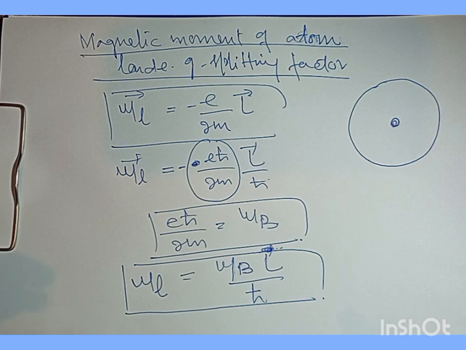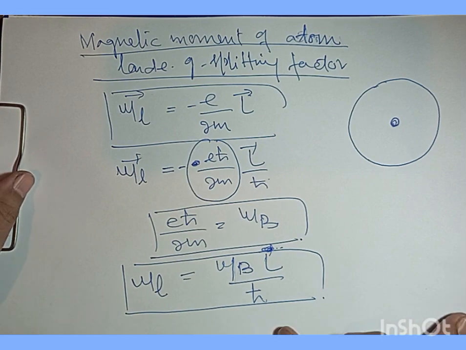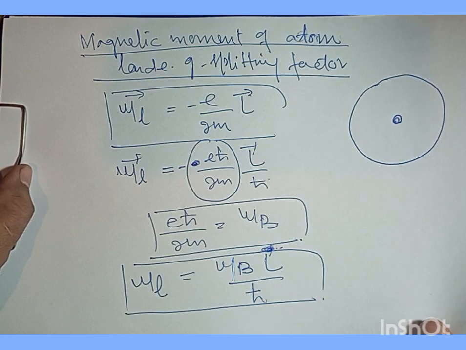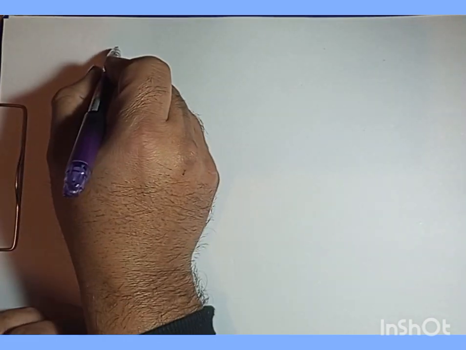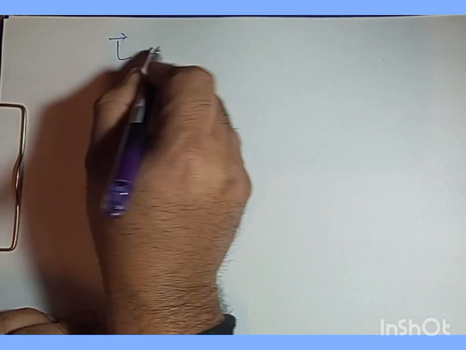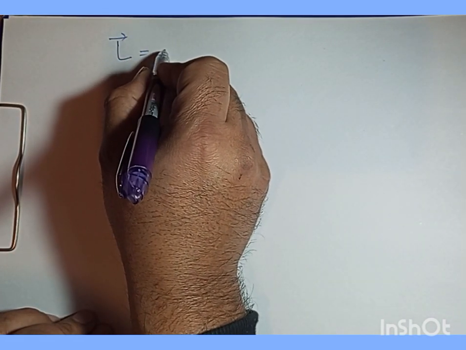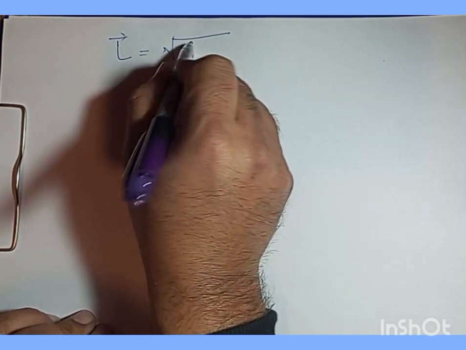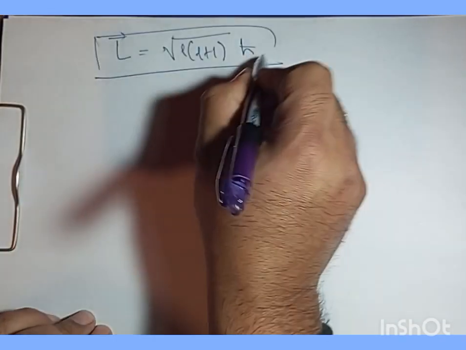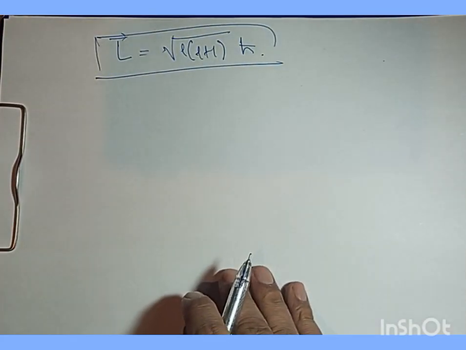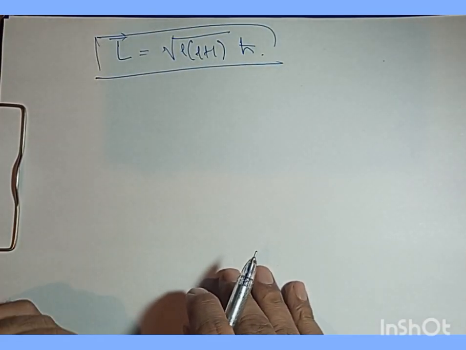If we go back to the quantum mechanical solution of single valence electron atoms, what we have is that the orbital angular momentum is quantized, and this L is equal to the square root of l times l plus 1, times h cross, and this small l is called the orbital quantum number.